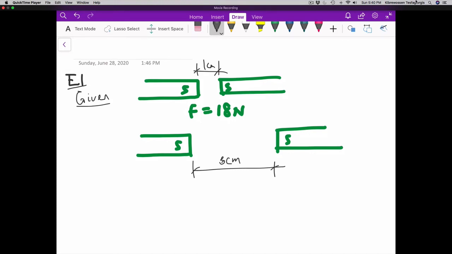It might not be exactly 3 centimeter, it can be 2 centimeter here, 6 centimeter there, and so on and so forth. But I'm just giving you an example in terms of the numbers. Now the question is, how much is the force between them?